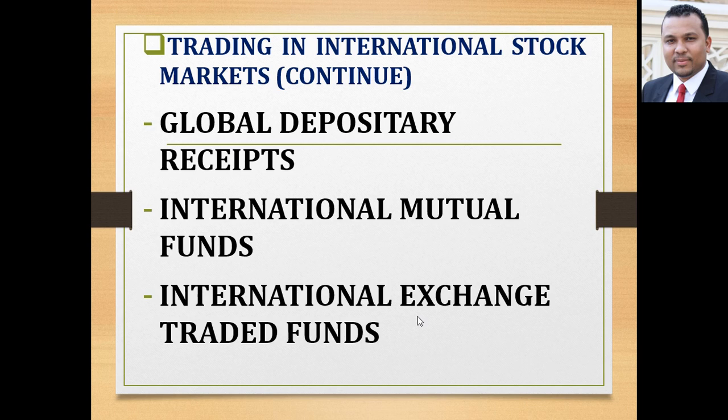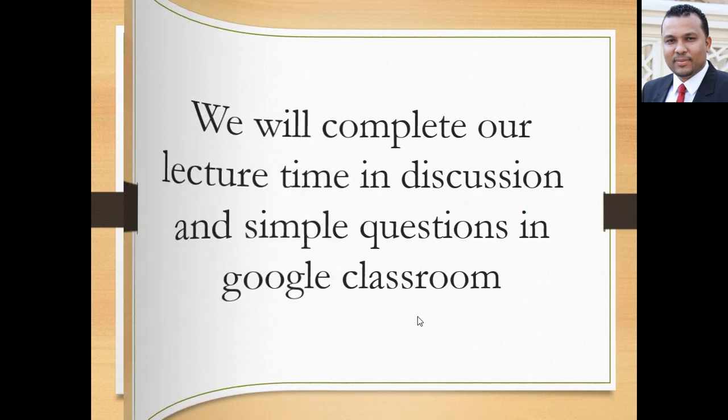Investors can invest in a specific index representing a foreign country's stock market. Yes, in the case of Egypt, we can talk about EGX 30 and EGX 100. So maybe we talk about trading in these indexes for international stock markets.